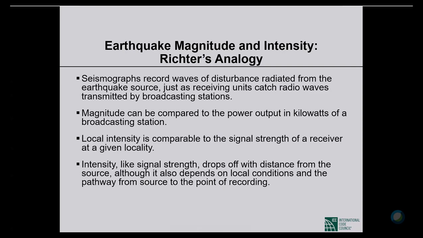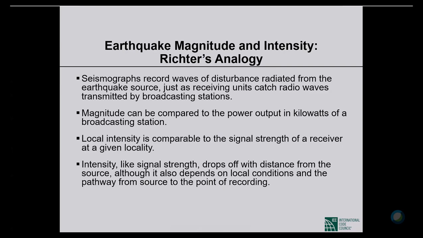Intensity, like signal strength, drops off with distance from the source, although it also depends on local conditions and the pathway from source to the point of recording. This is all very important. With distance, the signal strength will die out. Everybody intuitively understands that.